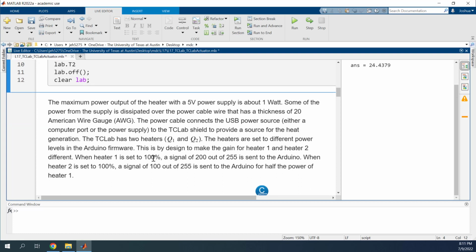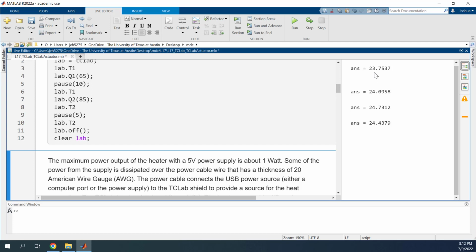If it's between 0 and 100%, the signal could be a maximum at 255, but our hardware sets limits. So for heater 1, 100% is a signal of 200. And for heater 2, 100% is set to a signal of 100. Now they're the same heaters, but we do that so that heater 1 and heater 2 are different, so we can look at different effects.